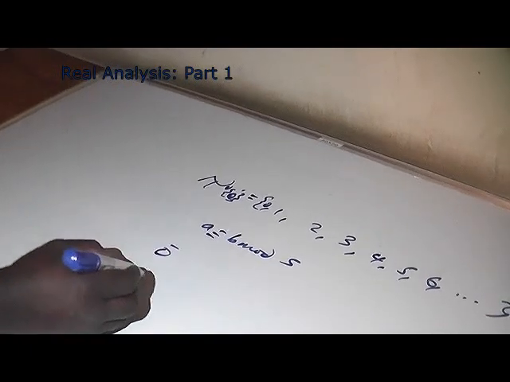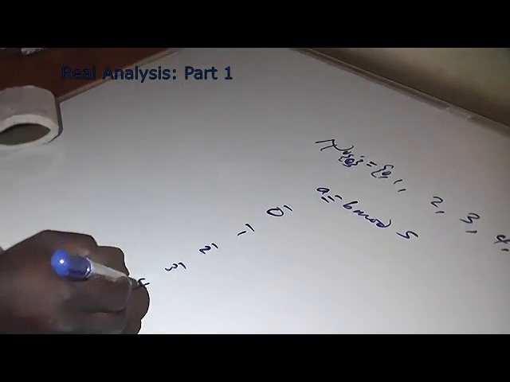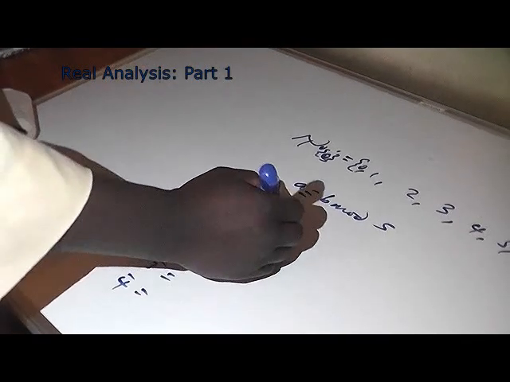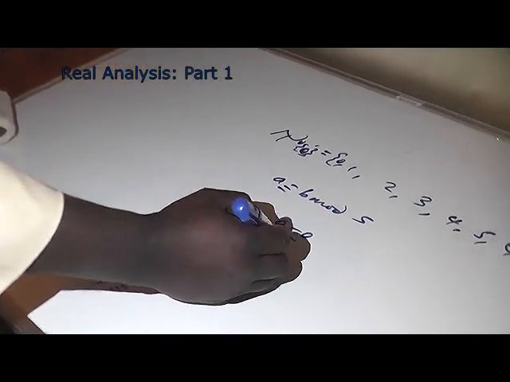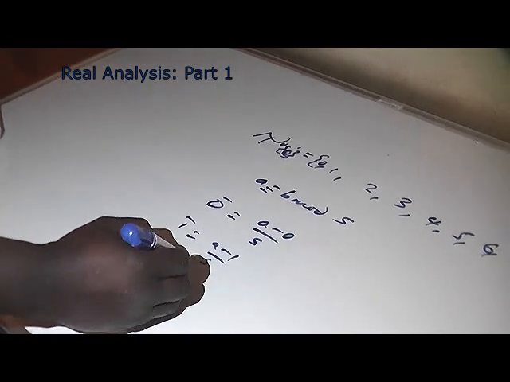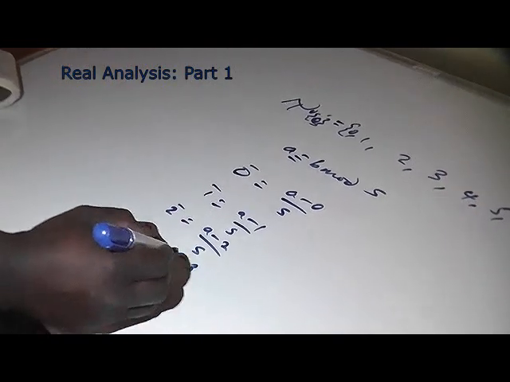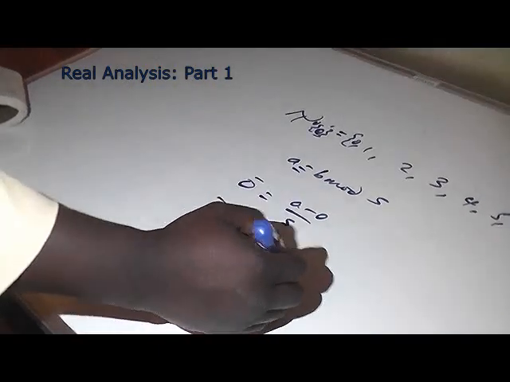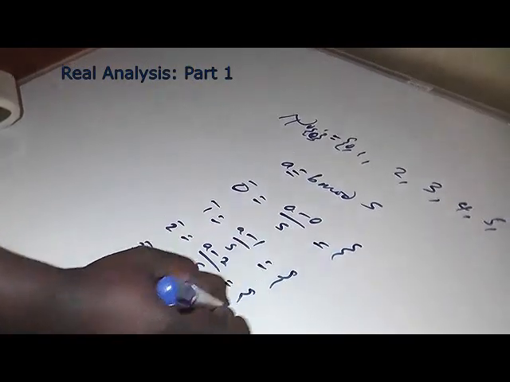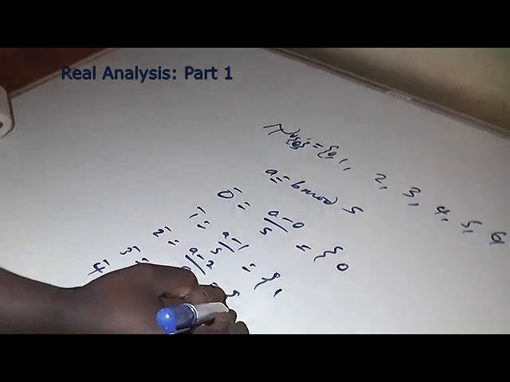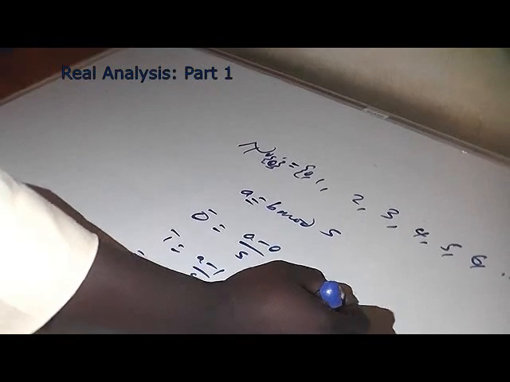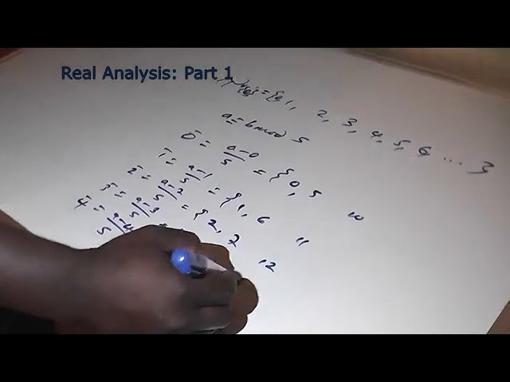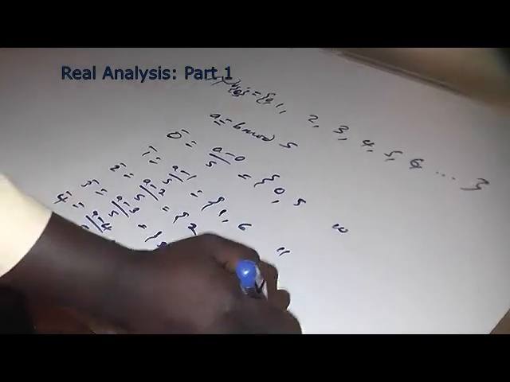We have 0 class, 1 class, 2 class, 3 class, 4 class. And this is nothing but (a minus 0) over 5, (a minus 1) over 5, (a minus 2) over 5, (a minus 3) over 5, (a minus 4) over 5. Now 0 will belong to the class of 0, 1 will belong to the class of 1, then 2, 3, 4, 5, 6, 7, 8, 9, 10, 11, 12, 13, 14, and down the line.